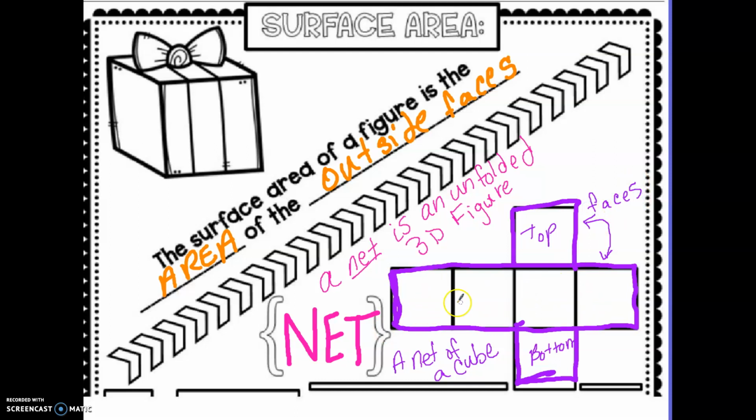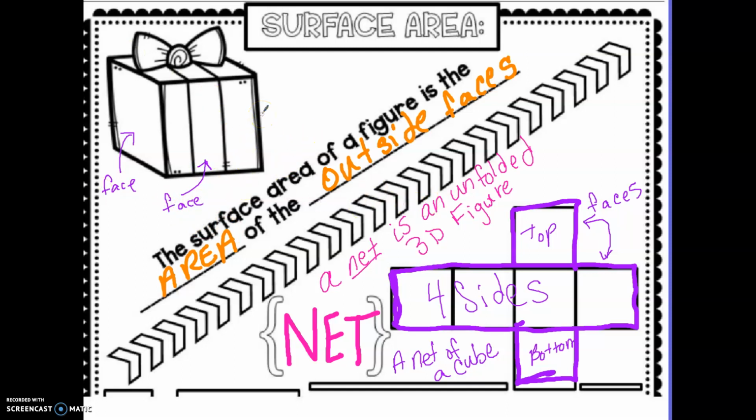And then the lateral part of this gives you the 4 sides right in here. So when it's folded up, you see the faces, like here's a face, and here's a face. So all 6 sides of it are the faces.